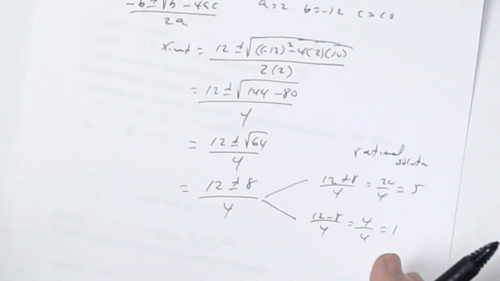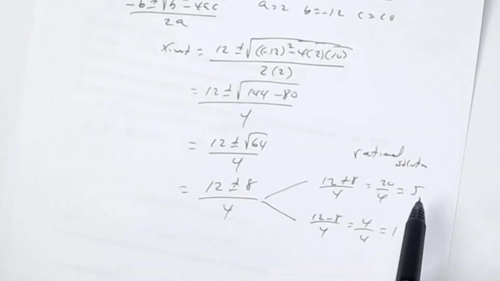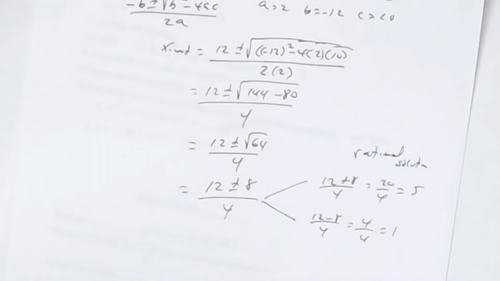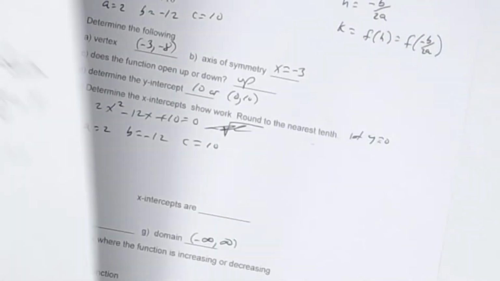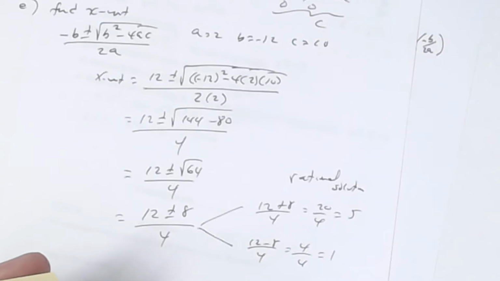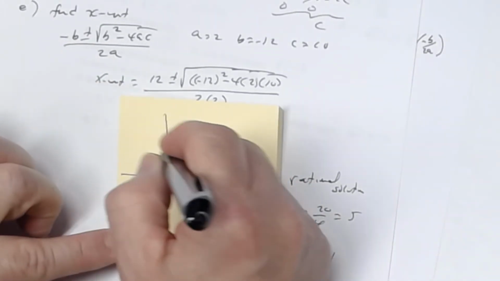Now remember, we said this in class. We said once you find your x-intercepts, verify that those could possibly be correct. Verify that could be your x-intercepts. And here's what we said, right?